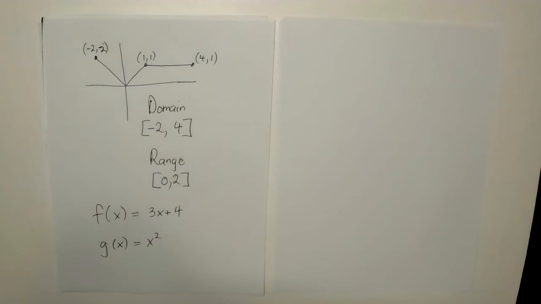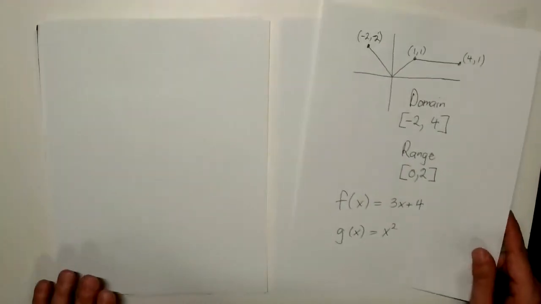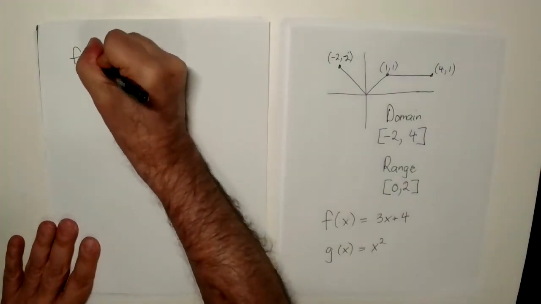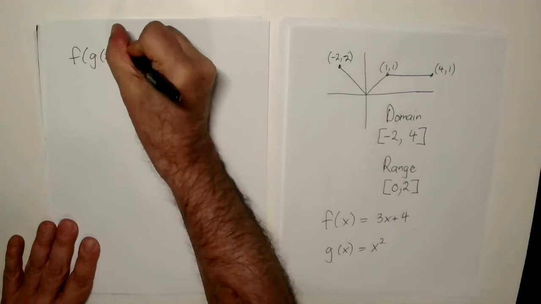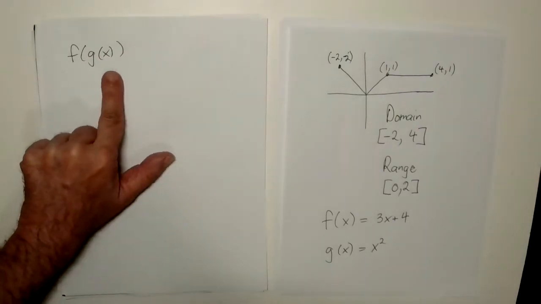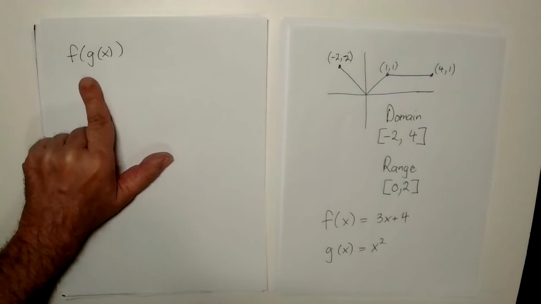Okay? And now the question is, what do we get when we write f of g of x? Okay, so the idea here is x is input into g, outputs, and that serves as input to f.